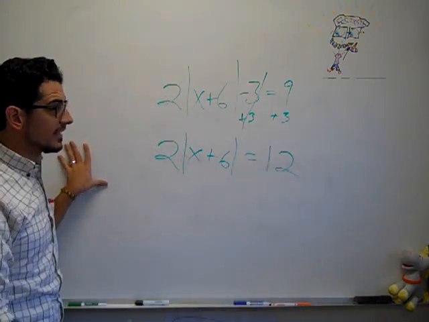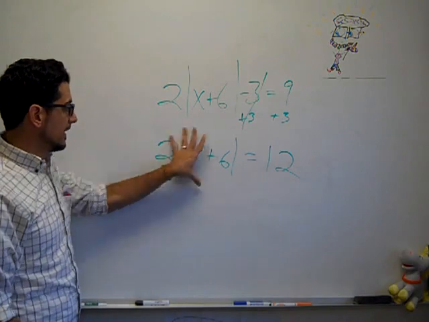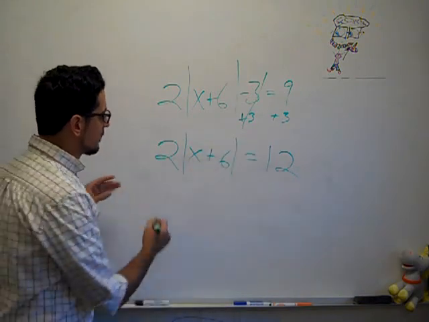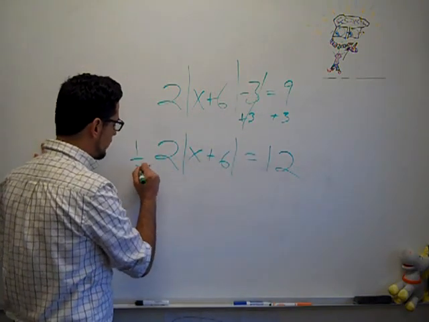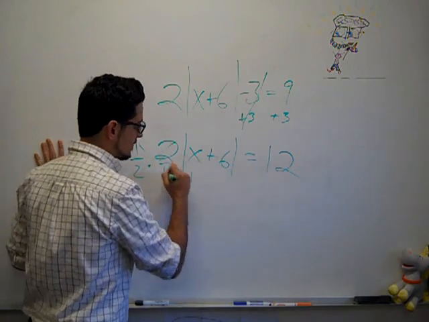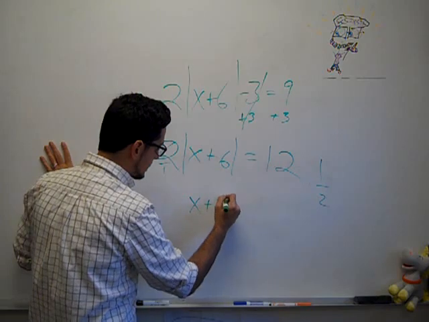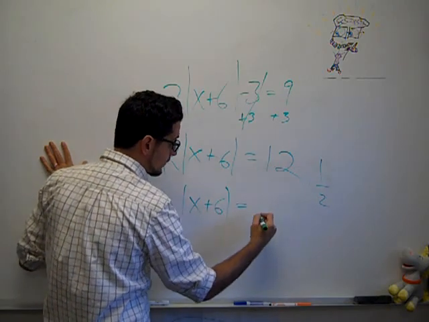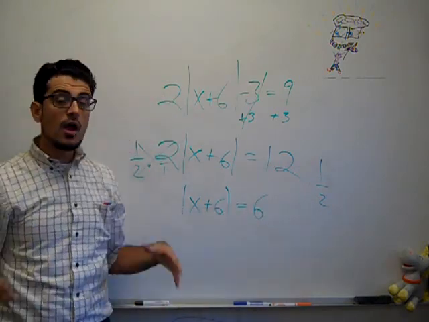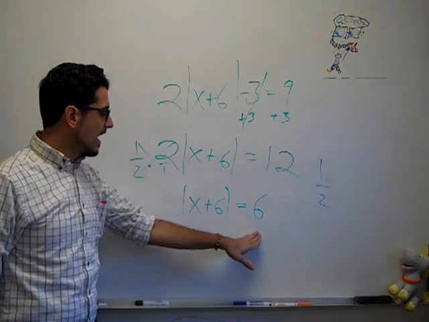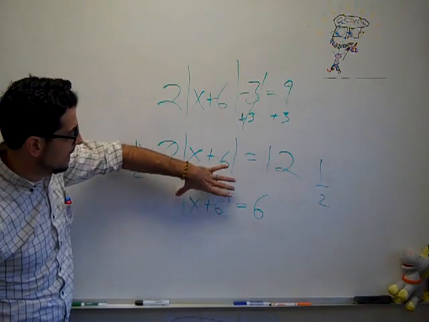I then isolate my absolute value. I can either divide by 2 or multiply by 1/2, the reciprocal. These cancel out, which gives me the absolute value of x plus 6 is equal to 6. With this concept, I have now broken it down to just the absolute value.